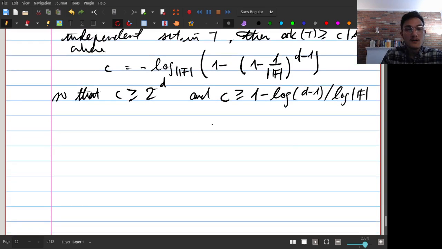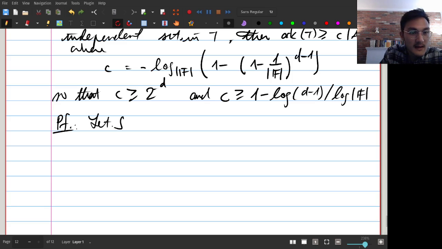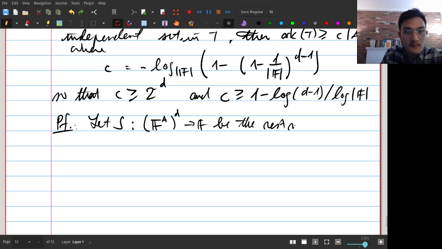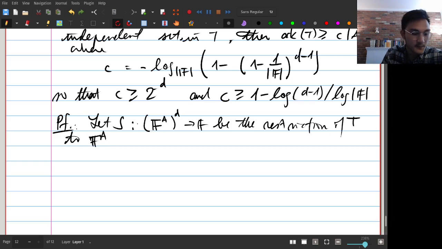Okay, so let's prove this. So we let S be a tensor from F^A to the d to F, the restriction of T to F^A. So this is going to be a subspace of F to the n.